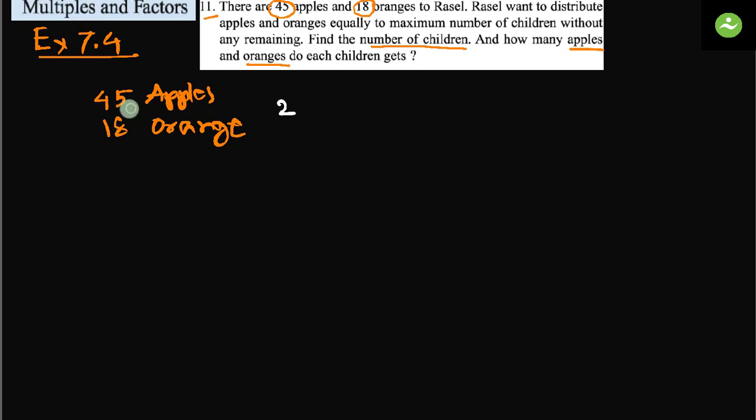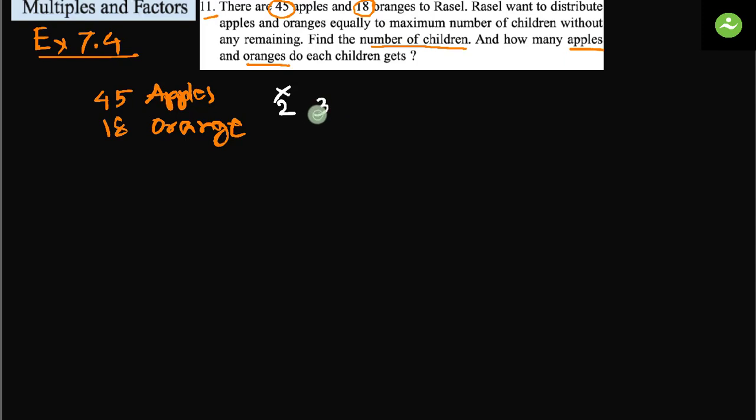We cannot, because when we divide 45 by 2, there will be a remainder. It's not evenly divided. So 2 doesn't divide 45, so we cannot divide by 2. We will take the numbers that divide both 45 and 18.